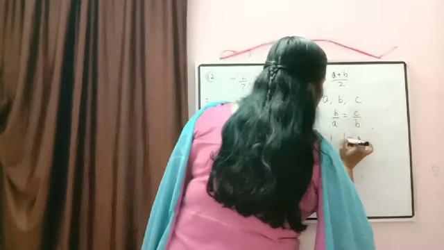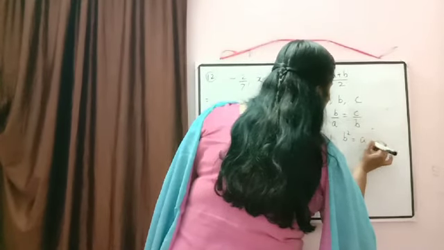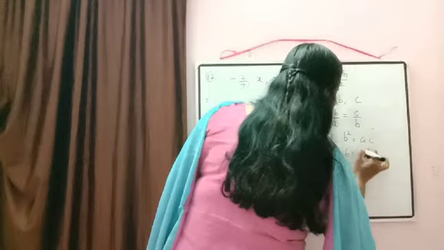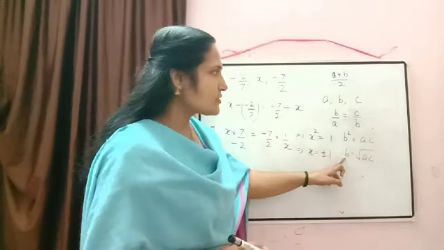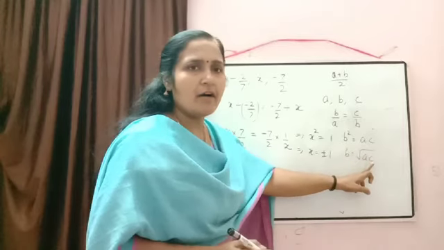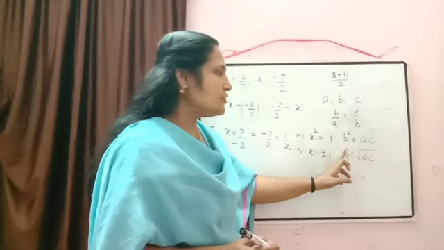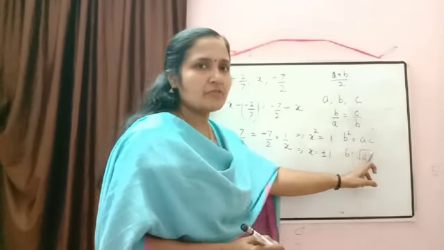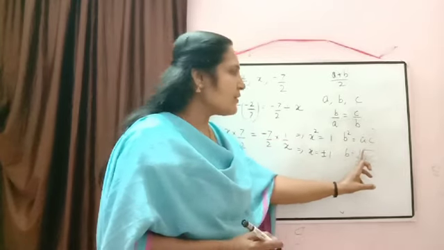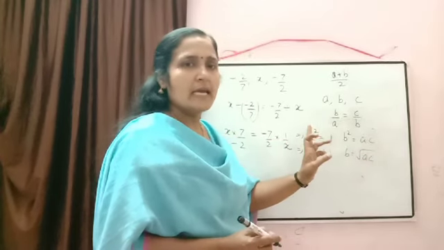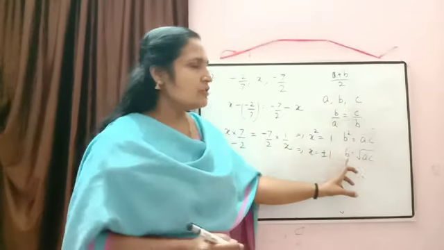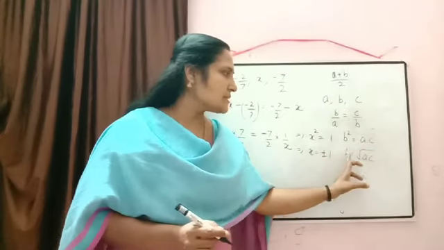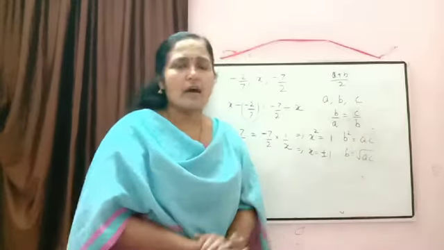From here we get b square is equal to AC, or b is equal to square root of AC. So b is called the geometric mean of a and c. The geometric mean of any two numbers is equal to the square root of the product of the numbers. So this formula also you can write down: geometric mean b is equal to square root of AC.